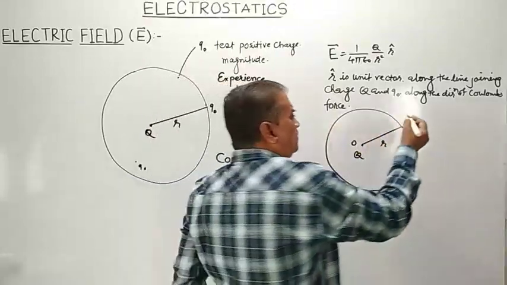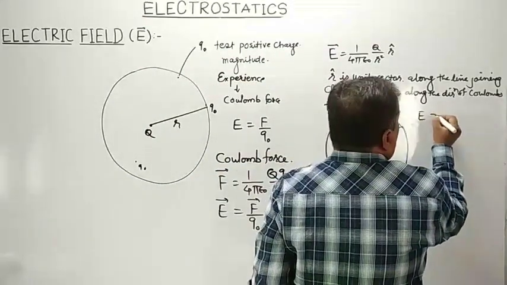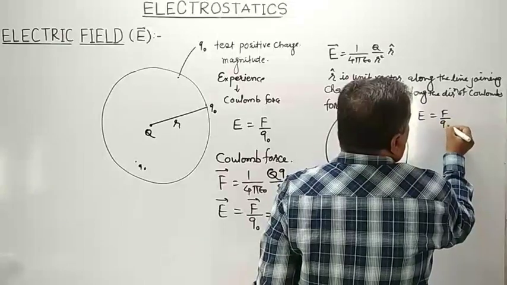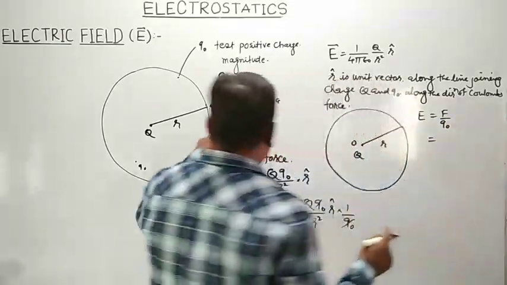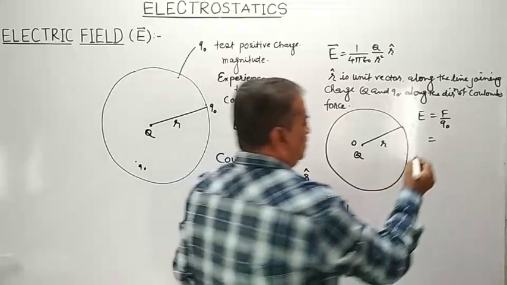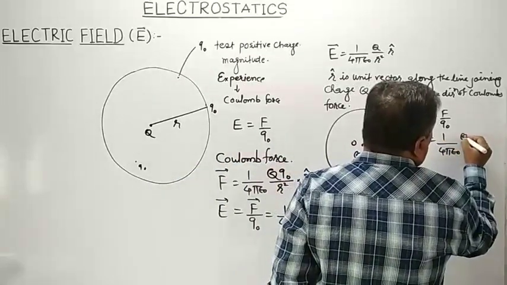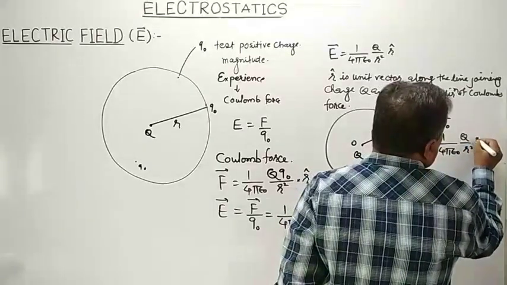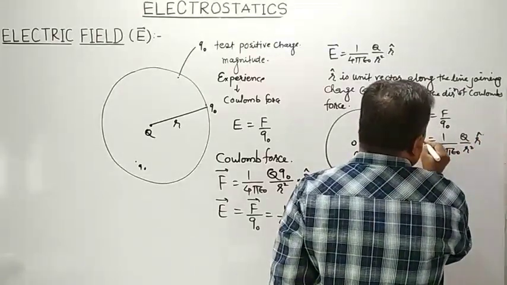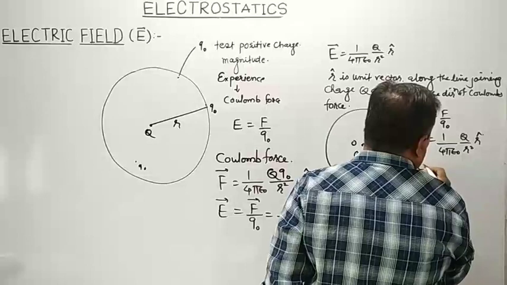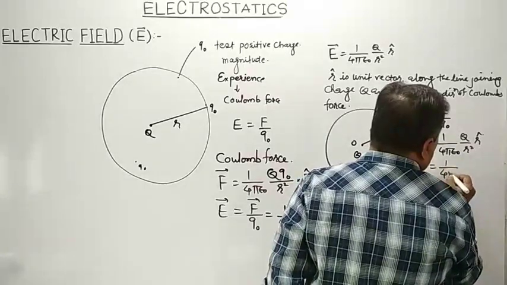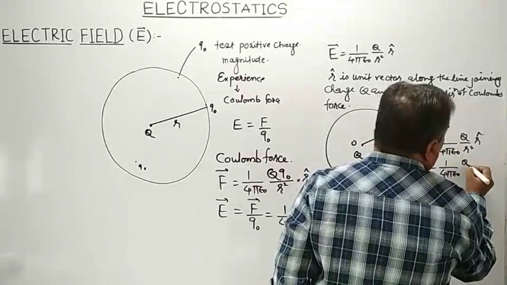What is the magnitude of that electric intensity? E equal to F by Q0, and as we calculated, it is equal to 1 upon 4 pi epsilon 0 Q divided by r square into r cap.